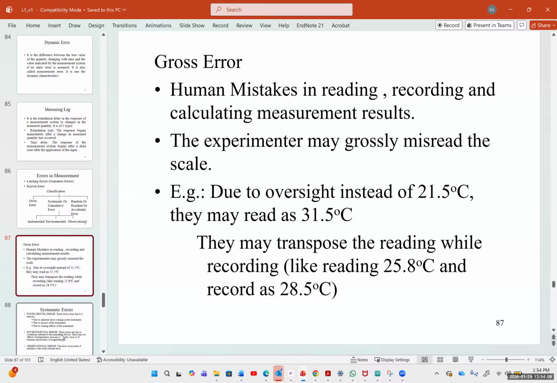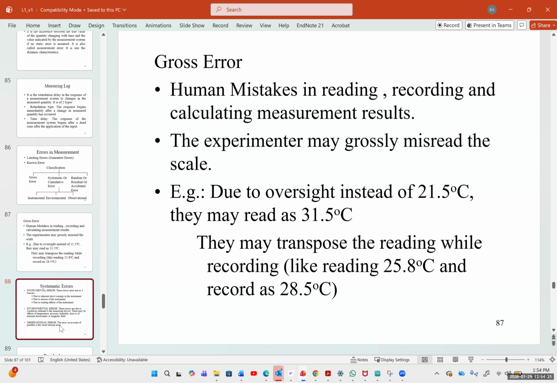When you're reading, the person doesn't put their glasses on, or they're tired and they misread the measurement. Or they may have a transposition or reading error as well, where they will read, for example, 25.8 instead of 28.5.